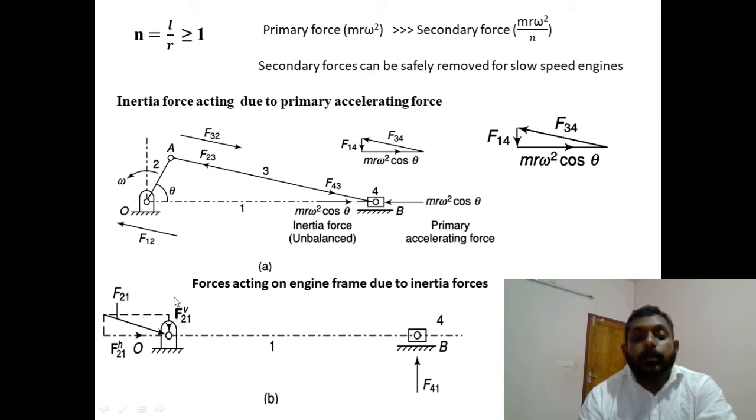For a complete balanced state, these two forces may be of equal magnitude, so the vertical forces may be balanced in this case, but F21 vertical and F41 may produce some couple. When we consider the horizontal force, it remains an unbalanced force. So what is the effect of this vertical force producing couples and the unbalanced horizontal force? We can discuss that in the next slide.